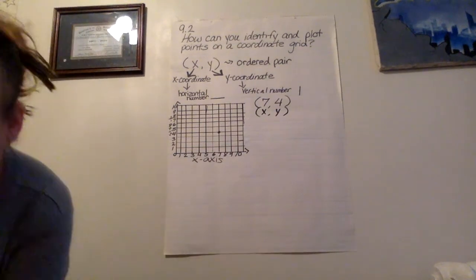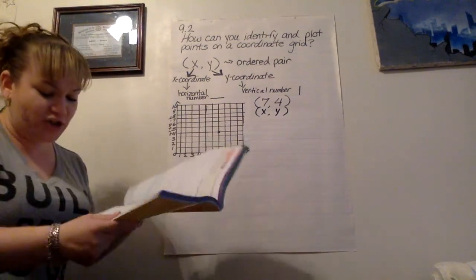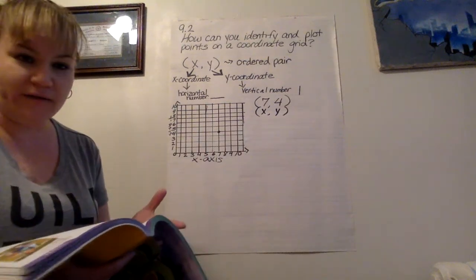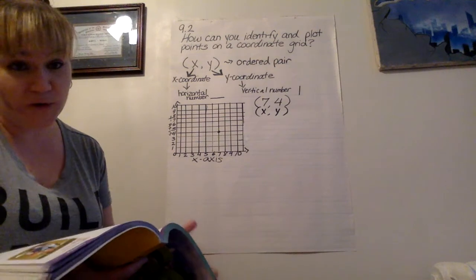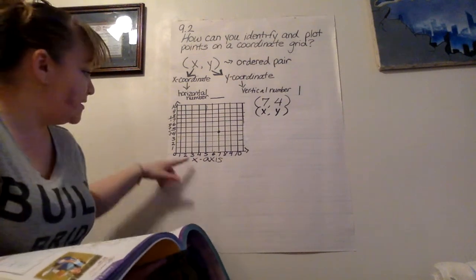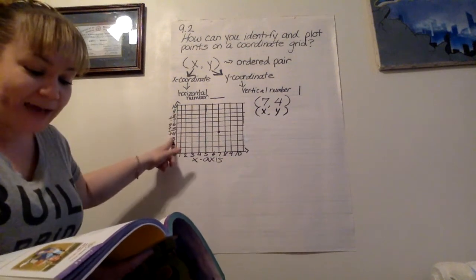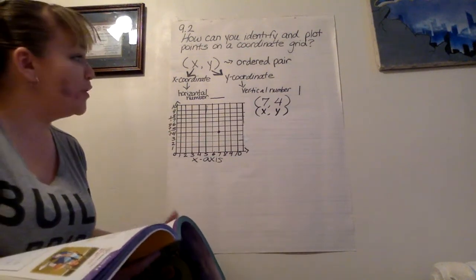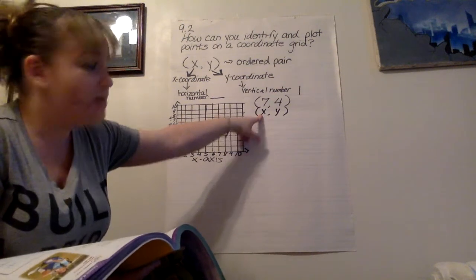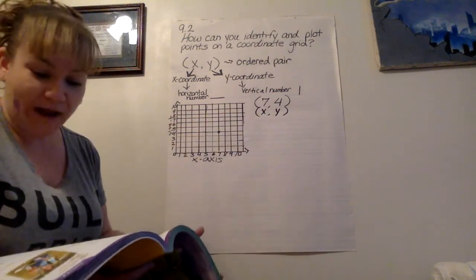Okay. On page 539, at the top, they give you a lot of highlighted words, which are your vocabulary words, and they're pretty simple. I already went through all of them. This is the x-axis, this is the y-axis. The first number in the ordered pair is the x-coordinate. The second number is the y-coordinate.